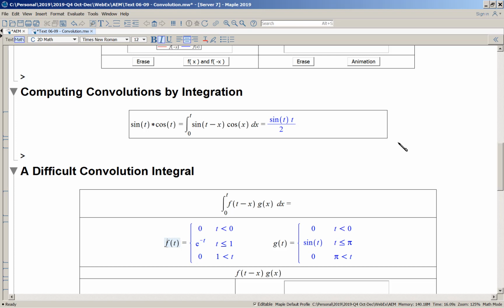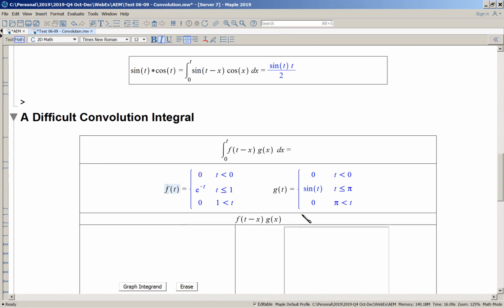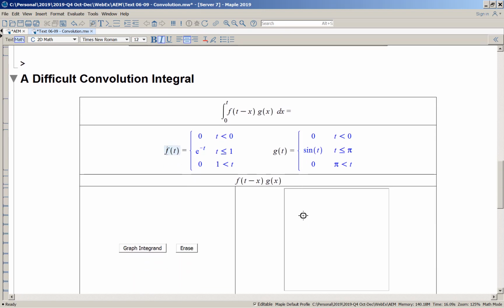And the problem is Maple needs some assumptions to make this work. So rather than tackle that, let's look at the functions f and g. What does the product f(t minus x) g(x) look like?